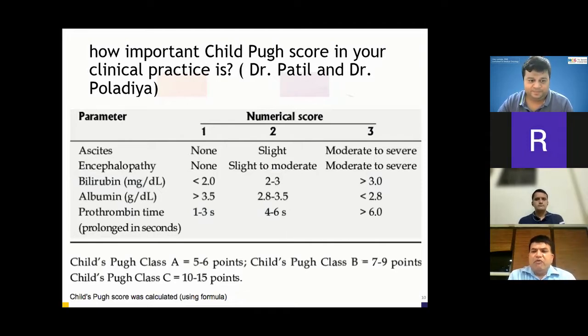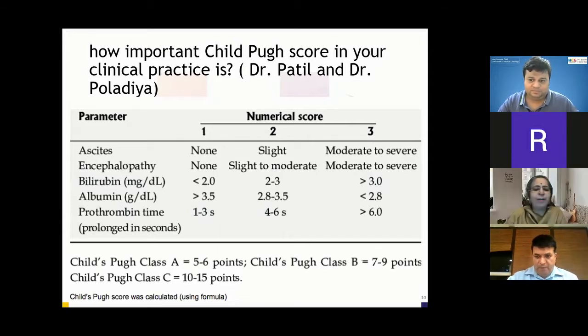Dr. Poonam Patil, would you want to add something to what Dr. Viraj said? No, I fully agree with him. It's a very fluid score. And you have to see in a particular patient how you would extract the best out of this score. Okay, perfect.